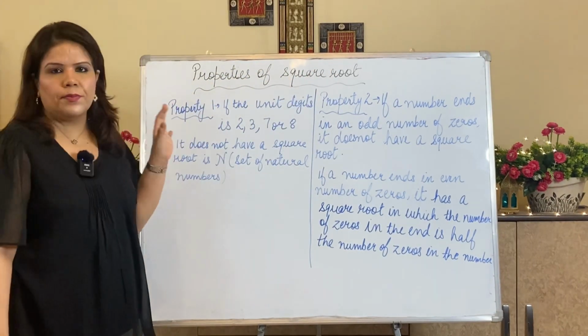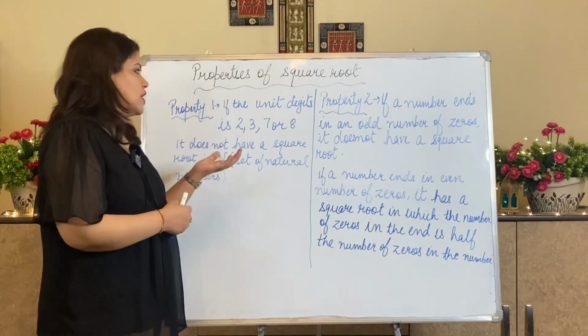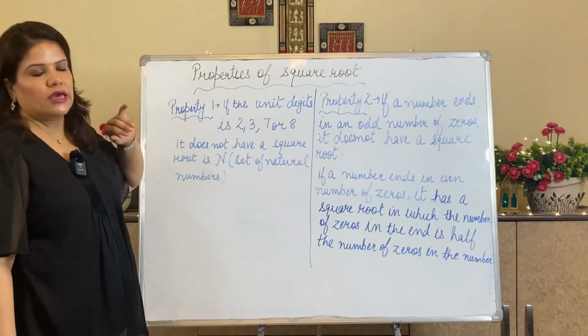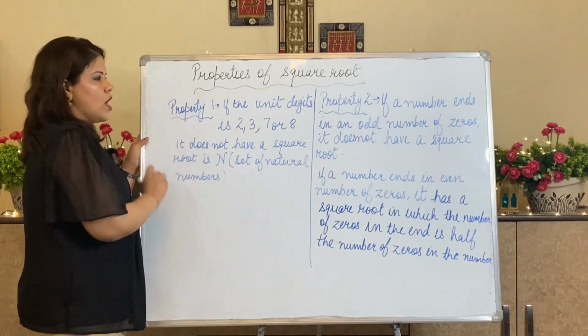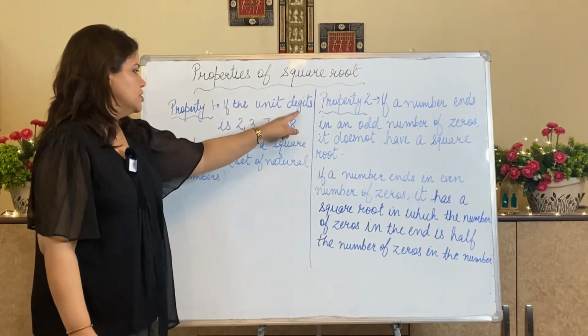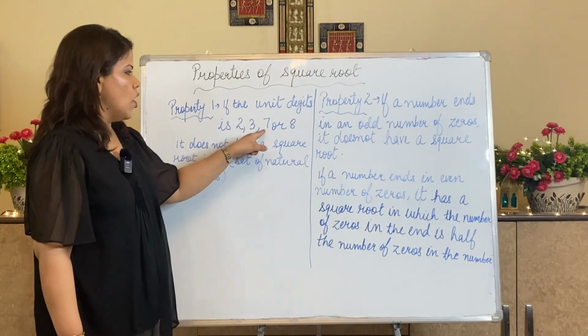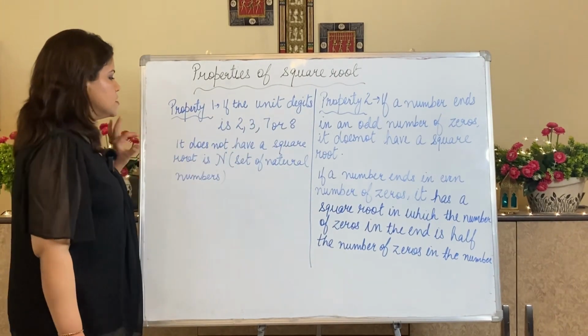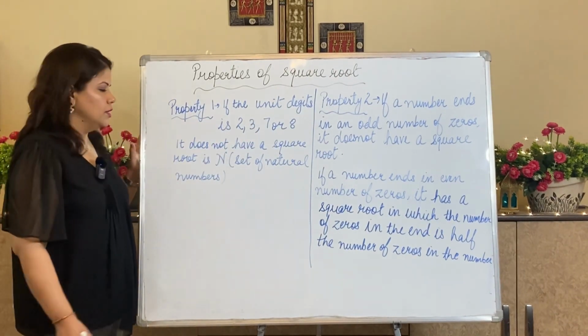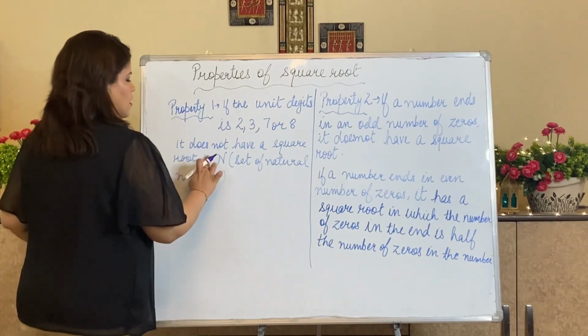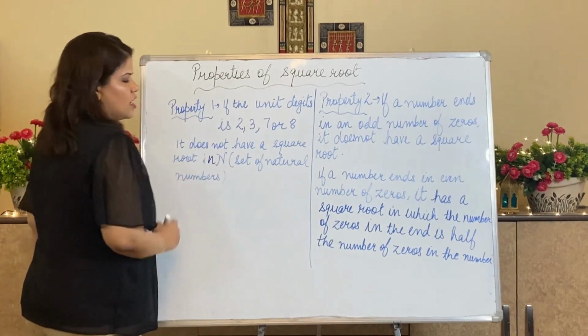There are some properties which we get to know in the square root. Property number 1, if the unit digit is either 2 or 3 or 7 or 8, it does not have square root in N. That means in set of natural numbers.